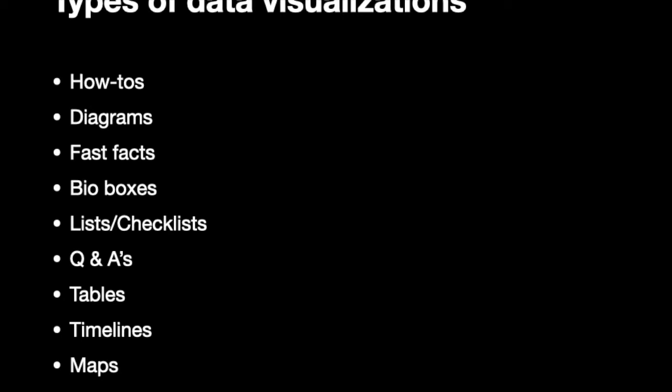You'll also see lists and checklists. Those are more interactive. You're inviting the viewer to join you in figuring something out about themselves. Question and answers, tables, timelines, maps, and then charts and graphs.